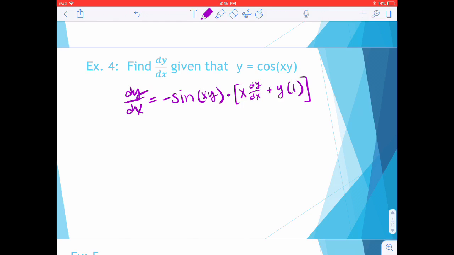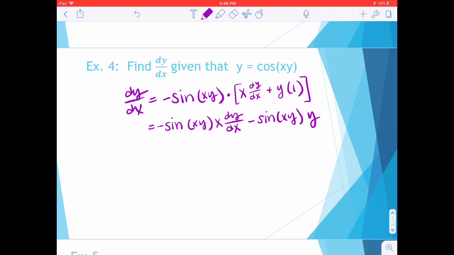Okay, so then now we have negative sine xy x dy/dx plus, nope. Okay, I'm distributing, sorry. So it's going to be negative sine xy times y.